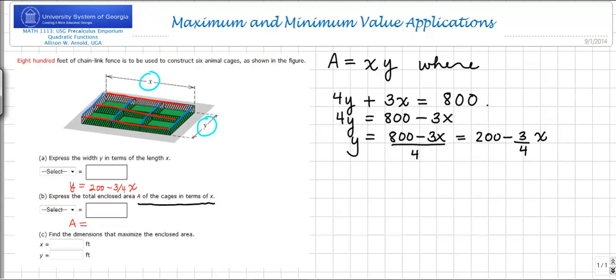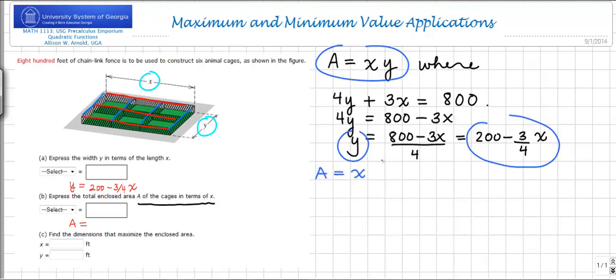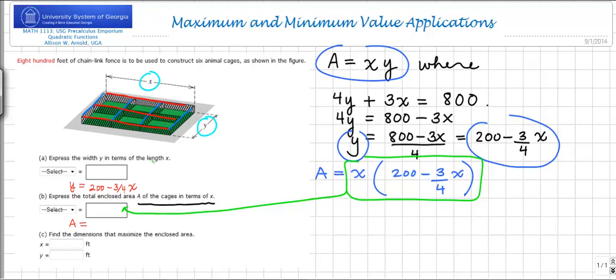If I put the area and my value for y together, I can write the area as x times 200 minus 3/4 times x. I can be satisfied with that for my second box.